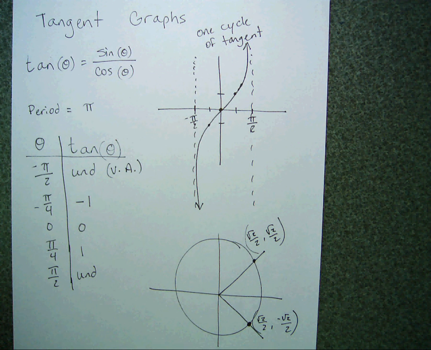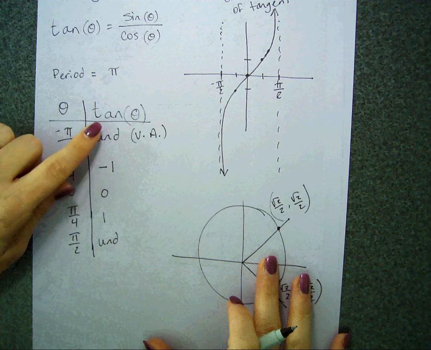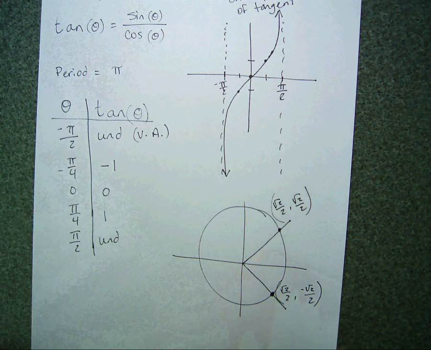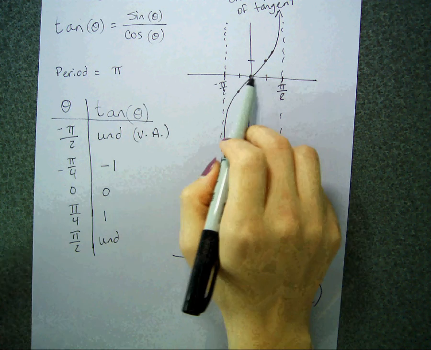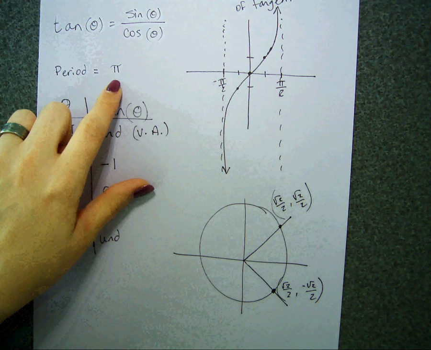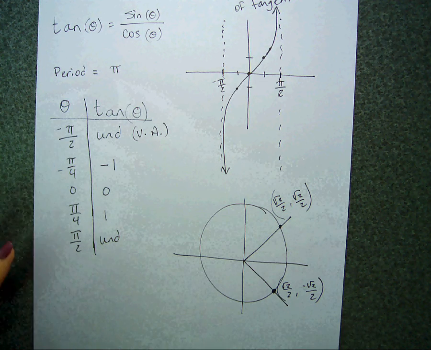The differences will be the values that I use, so where my vertical asymptotes are, where I'm crossing, and the length of my period. My period is just pi. Okay, so are we good with that? Alright, so let's do an example that's transformed.